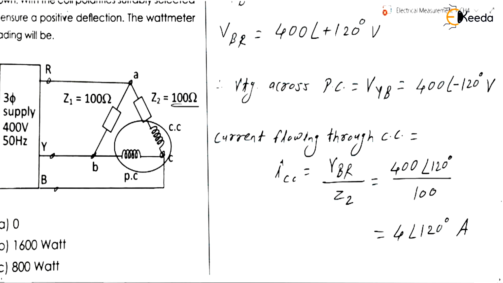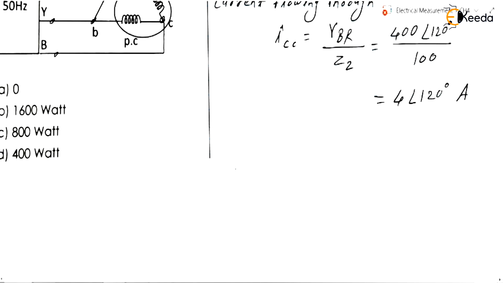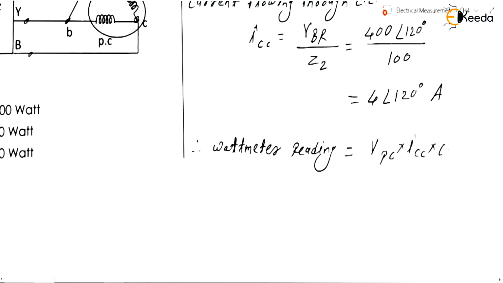So from this we can write the wattmeter reading. Therefore, wattmeter reading is equal to the voltage across the potential coil into the current flowing through the current coil into the cosine of the angle between VPC and ICC.